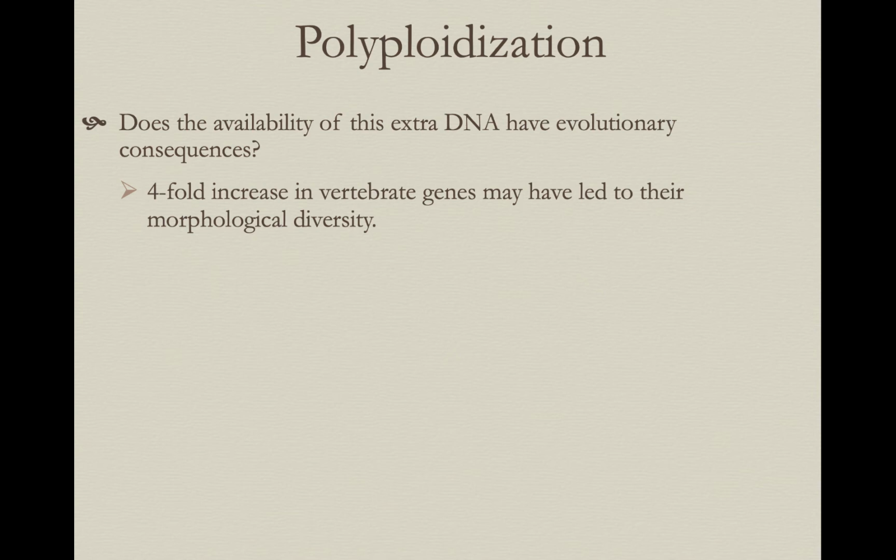And if you look at the diversity of vertebrates versus non-vertebrate chordates, like urochordates, there are a lot more species of vertebrates. And so perhaps that extra DNA allowed vertebrates to diversify to the degree that they have. It kind of gave more DNA for morphological exploration and pushing the boundaries of adaptive evolution.